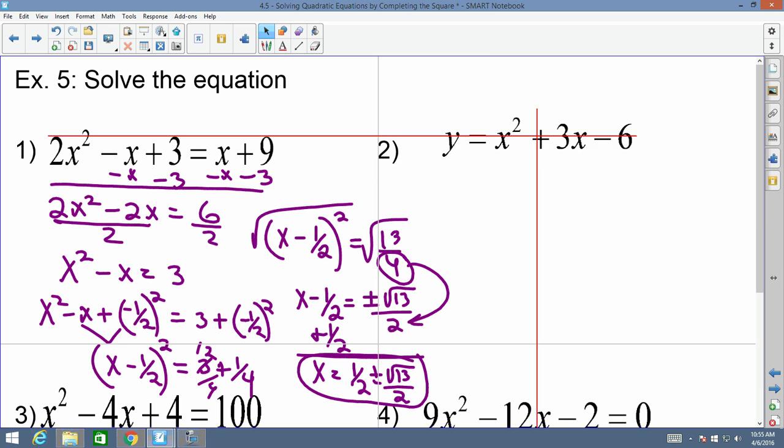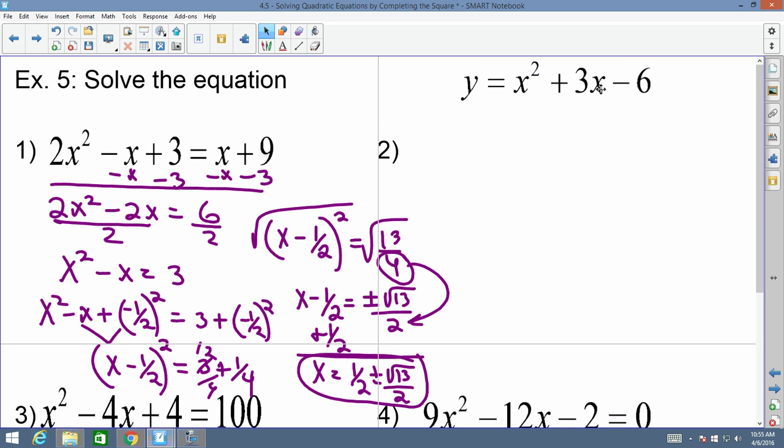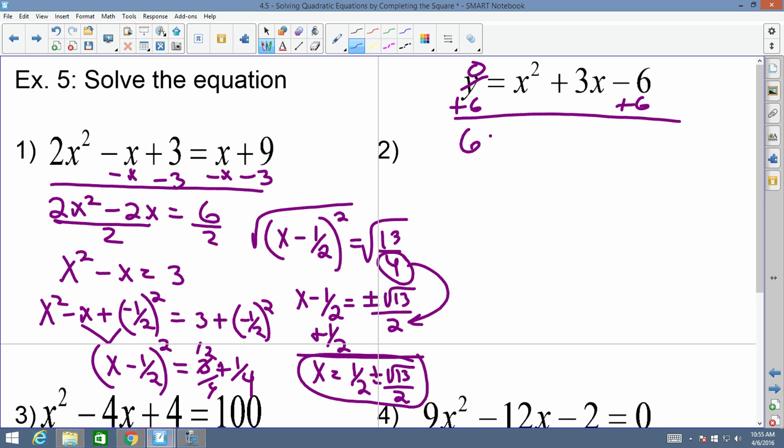Okay, let's try this bad boy. First thing I got to do is set that to 0 and add 6 to both sides. That gives me 6 equals x squared plus 3x plus b over 2 squared, which is 3 over 2 squared. And I add that to both sides.